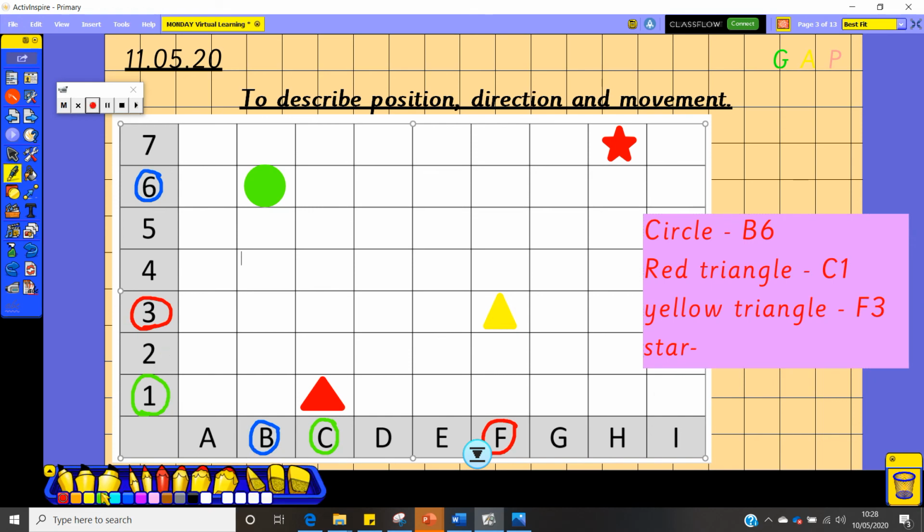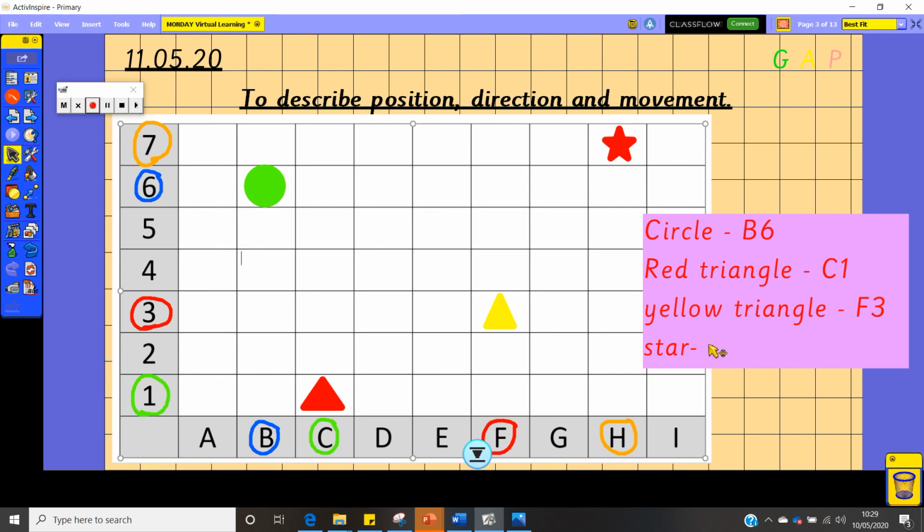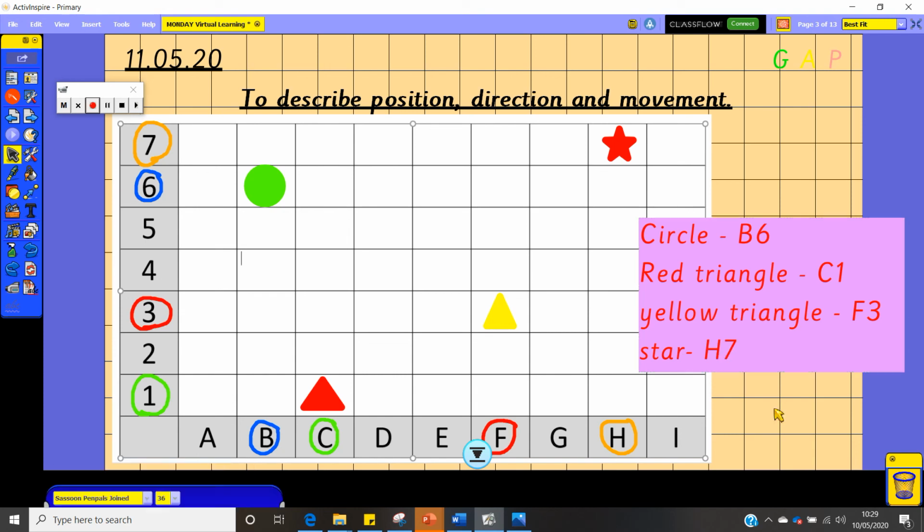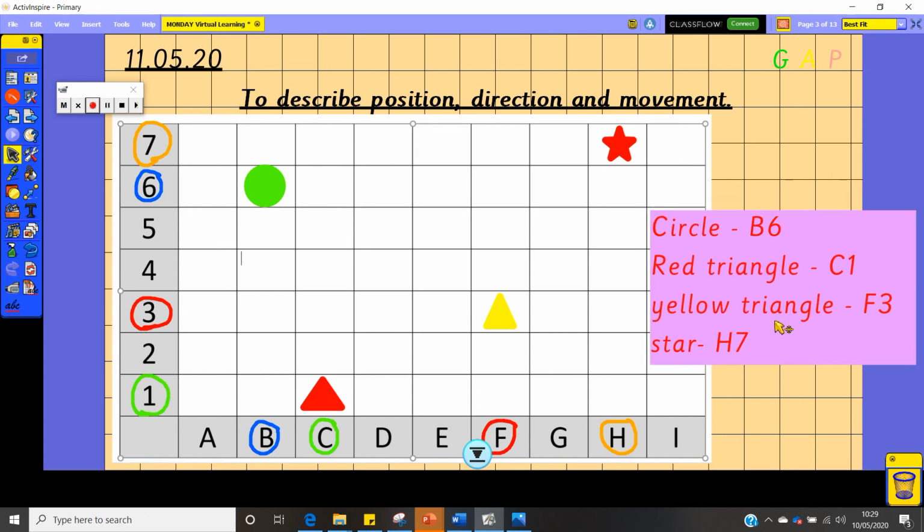Let's go along the bottom until we reach the star, which is all the way along at H this time. And then we're going to go all the way up till we reach the row, which is all the way at the top on 7. So the coordinates of the star are H7.